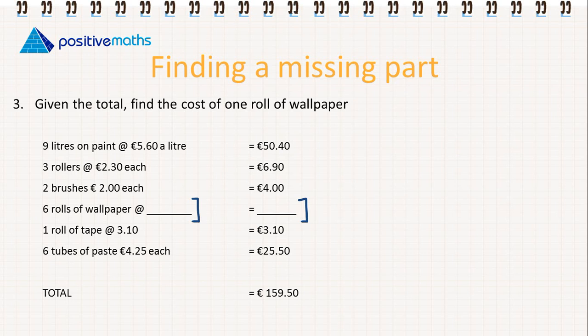In order to do this, we need to find the total of the items that we have. We're going to call this X for now, and we'll call this missing value Y. We know if we add up all of these totals, we will get 159.50. So let's write that out.